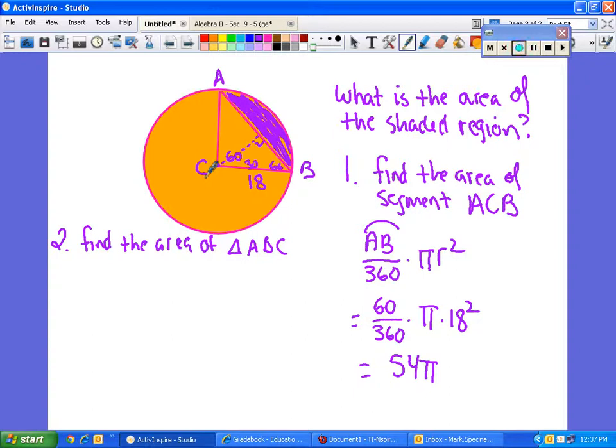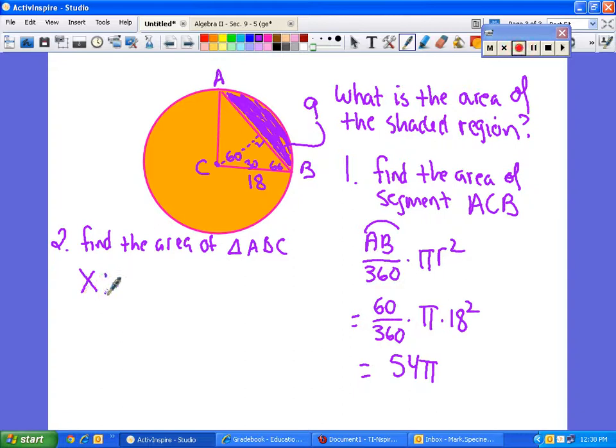The altitude also cuts this side in half. So if my entire side is 18, half my side is 9. Remember that: from here to here is 9. This is one of your special right triangles where we have a ratio between the sides. The smallest side of a 30, 60, 90 right triangle is x.